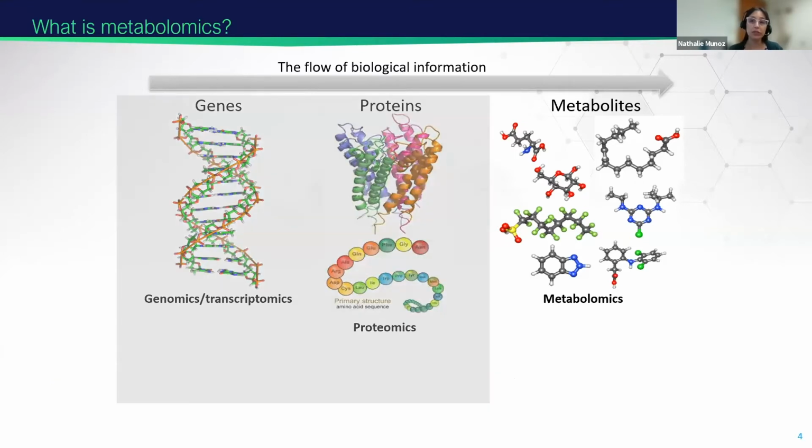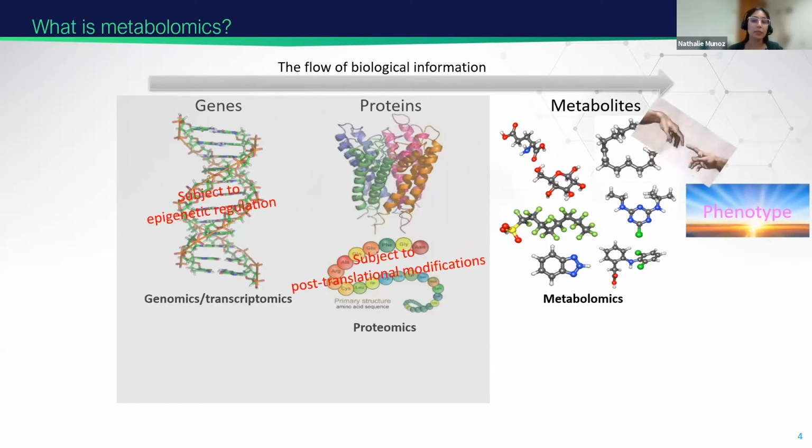In contrast to genes, whose functions are subject to epigenetic regulation, and proteins, whose function is subject to post-translational modifications, metabolites are direct signatures of biochemical activities. They are extremely sensitive to external stimuli in the environment, or internal, from intracellular and physiological changes, and they're easier to correlate with the phenotype.